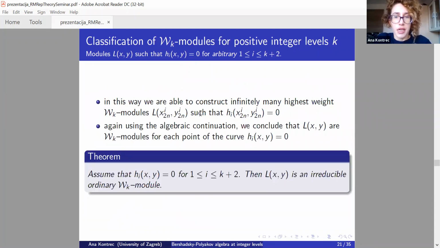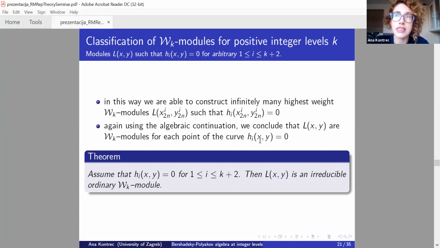So now we do the same thing, because again we have an infinite family of WK modules, such that hi of these points is equal to 0. But we still don't know that generally for each point of the curve hi, Lxy is in fact a module.